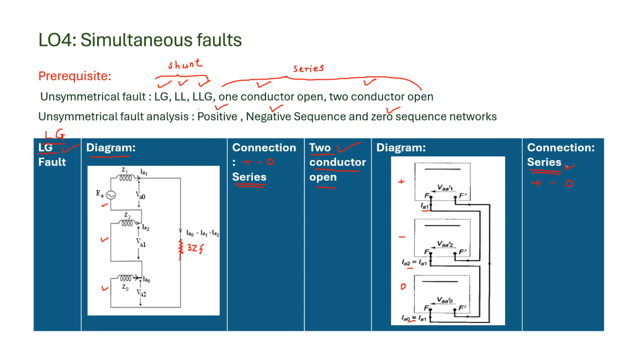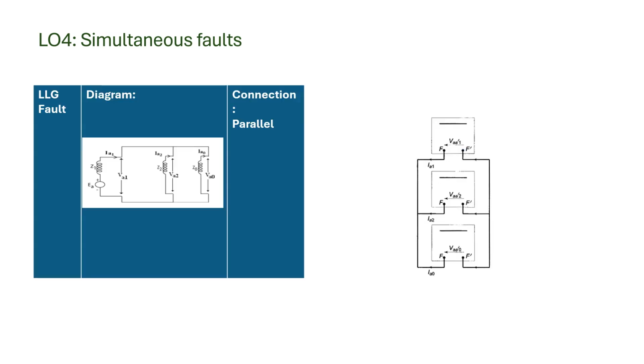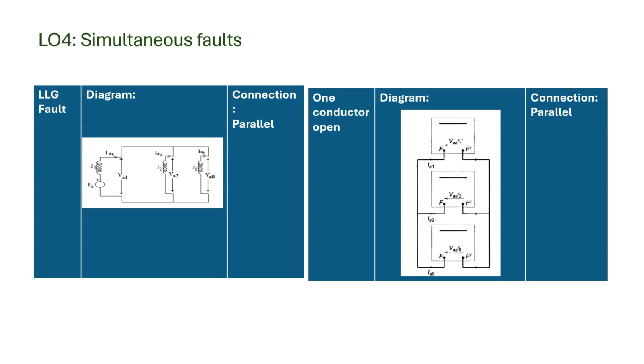Okay, now for LLG fault, the line to line ground fault, you can see this is the positive sequence network, this is the negative and zero sequence network. They should be connected in parallel. Then for one conductor open, if one of the conductors gets open, then the three networks, positive, negative and zero, should also be connected in parallel.